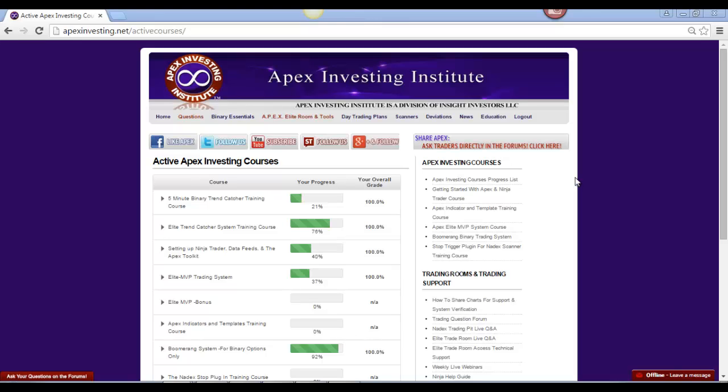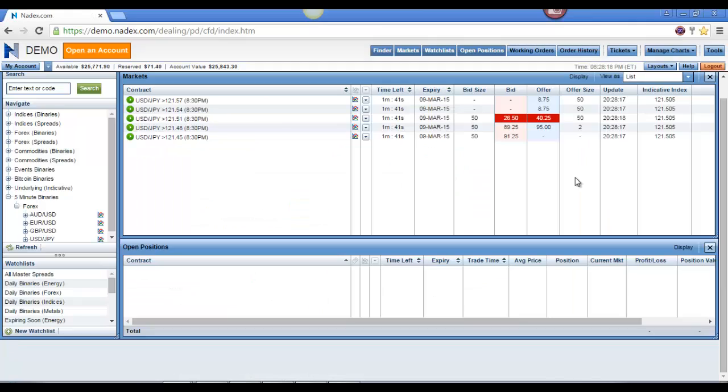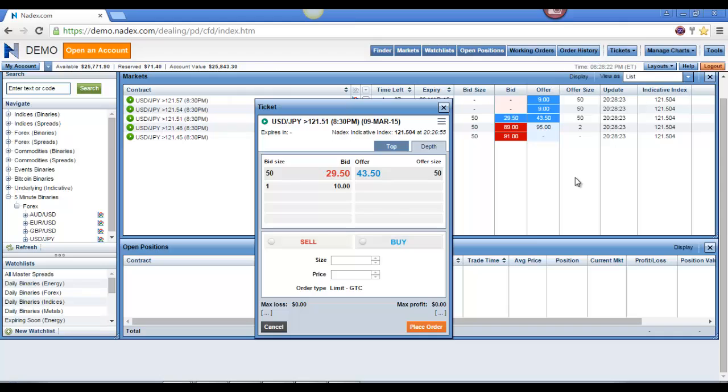But one quick key that slips up a lot of people, and you actually saw me just do it myself, is what we call chasing orders. Everything on Nadex is a limit order. For example, let's say I want to buy one, and I want to buy it for $42.50, and I place my order. But wait, what happened?